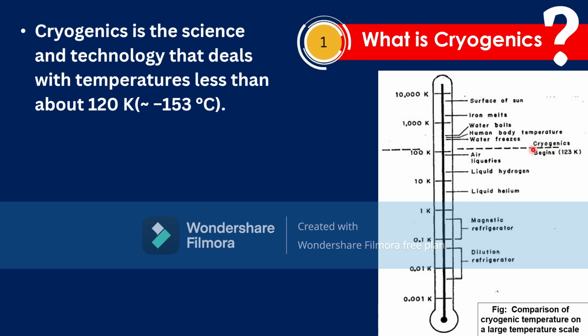Okay, pure water. And the cryogenics range, where does it begin? Here, 123 Kelvin, a little above 100 Kelvin. And here are some temperatures below that cryogenic limit.